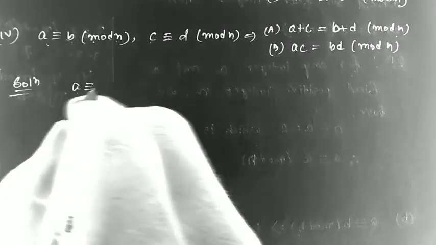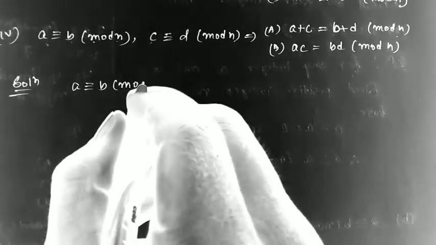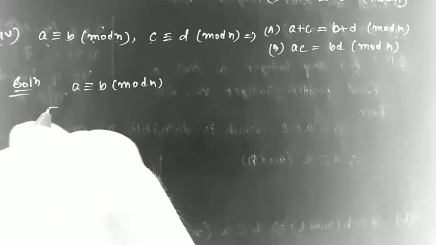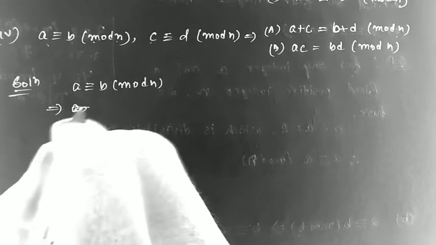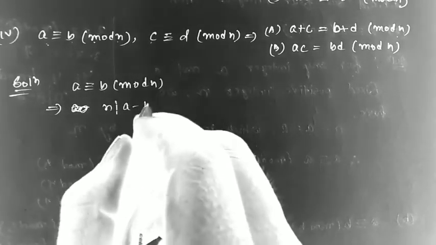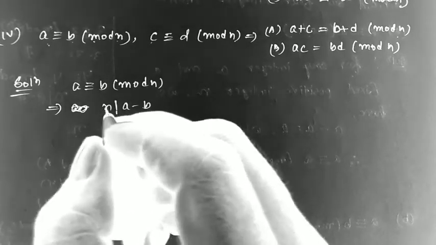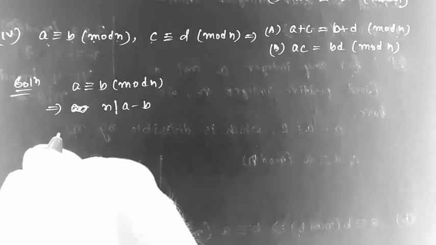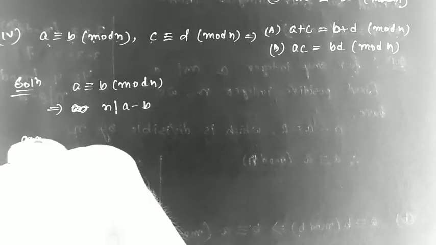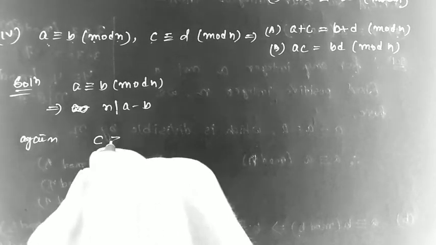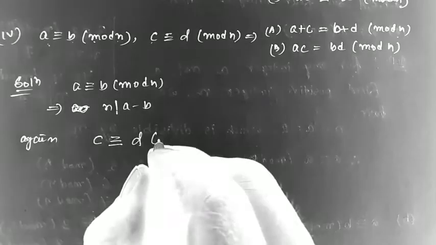A is congruent to B mod n. From this line we can write n divides A minus B. Again, C is congruent to D mod n.